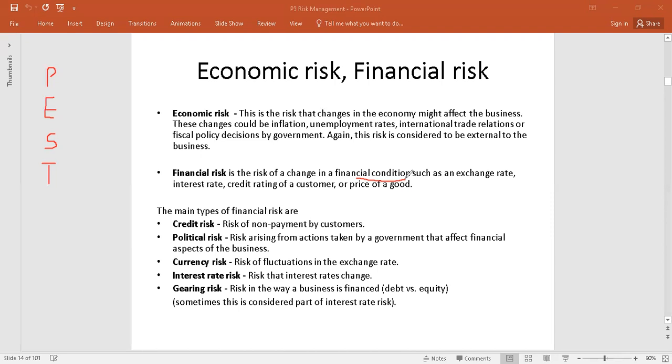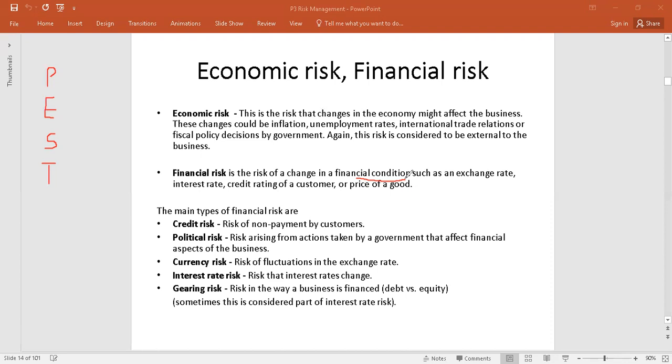The strategy is to increase their sales, but along with the benefit of increased sales comes the increased risk of some of the customers not paying.